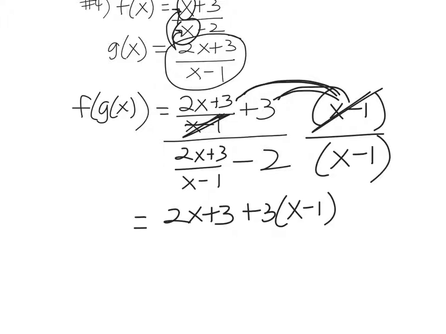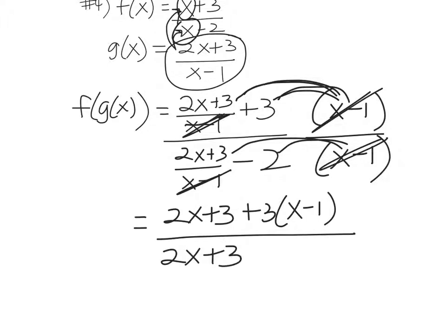Okay, that's the numerator. Here comes the denominator. Same thing. Multiply it here and here. These will reduce, leaving us with 2x plus 3. And this will be minus 2 times x minus 1. That's good, right? Don't you like that step? I love that step. It clears out your fractions.